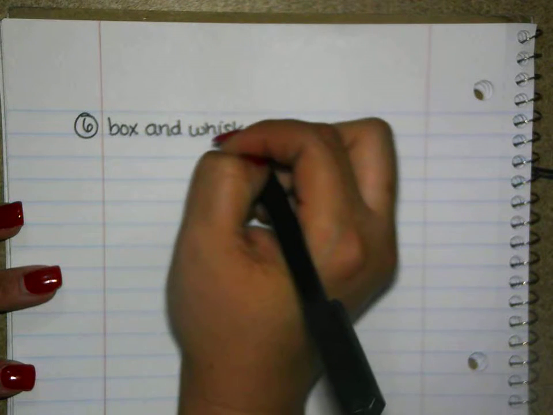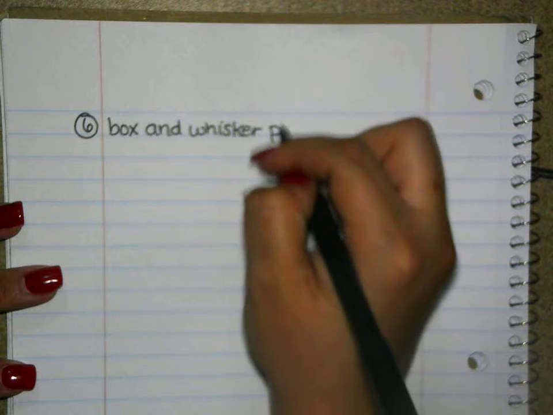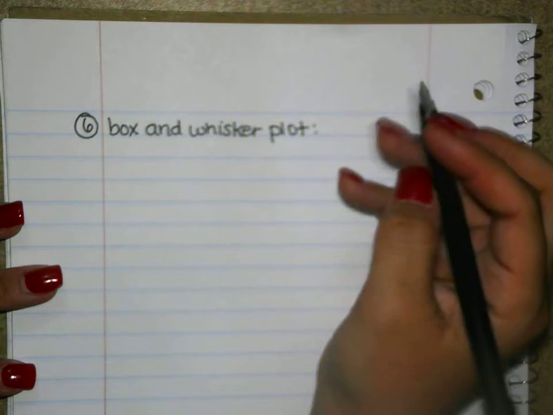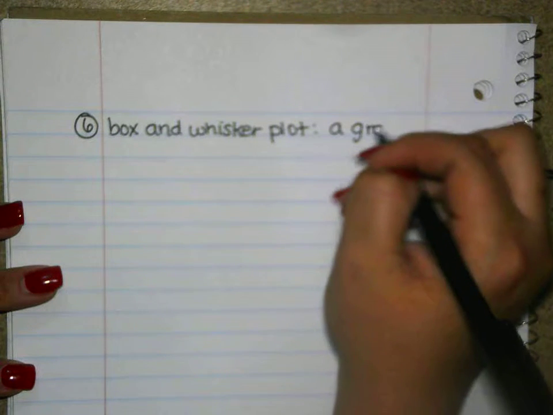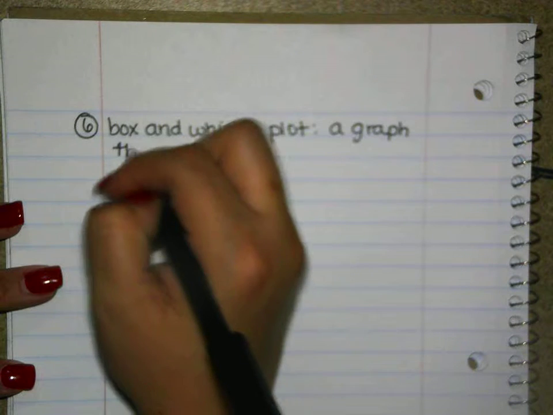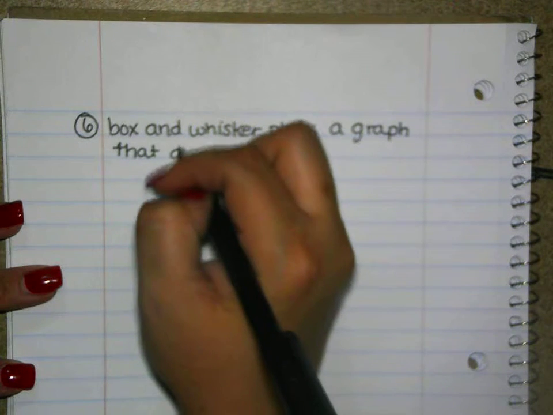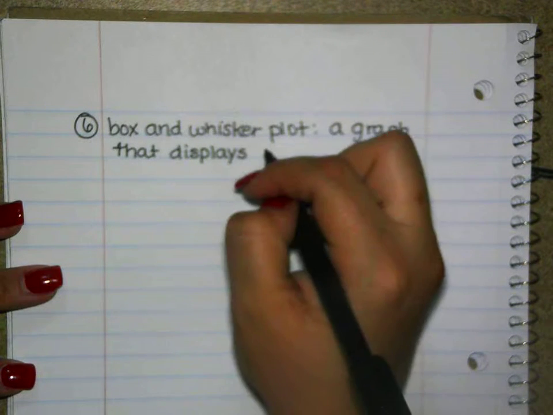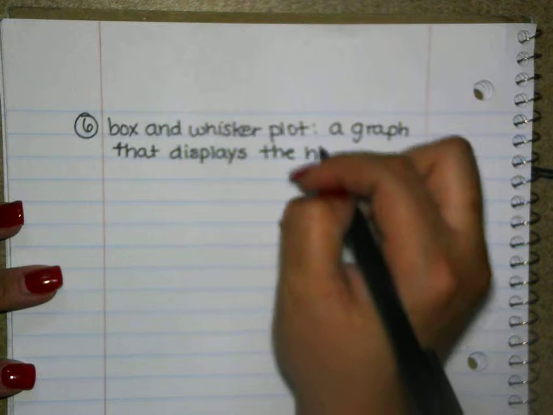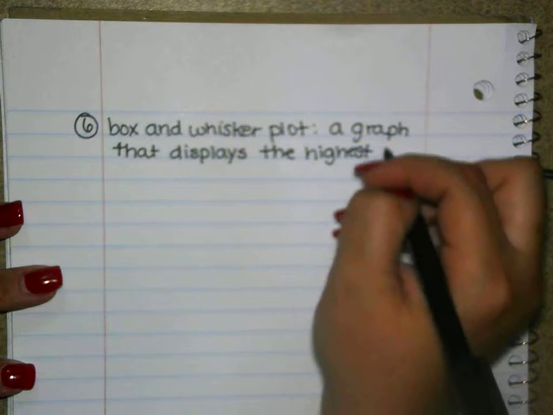We're going to write box and whisker plot, because we want to define what we're talking about today. A box and whisker plot is a graph that displays the highest and lowest quarters of data as whiskers.